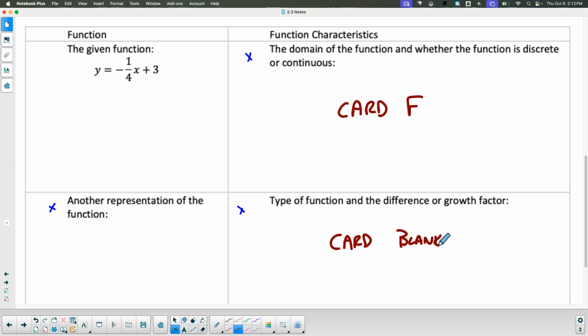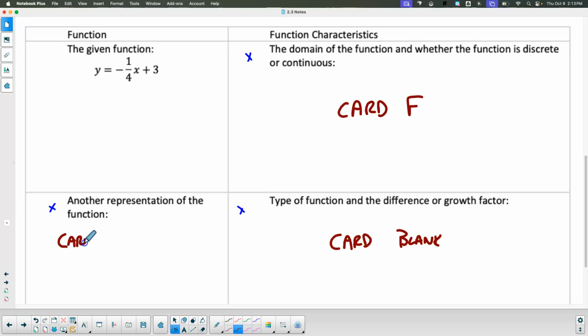And then we have to find another representation for it. That would be this one right here. This graph would be the other representation for it. Does that one have an E on it? Well, that's examples.